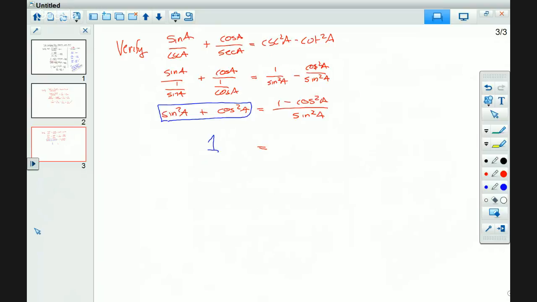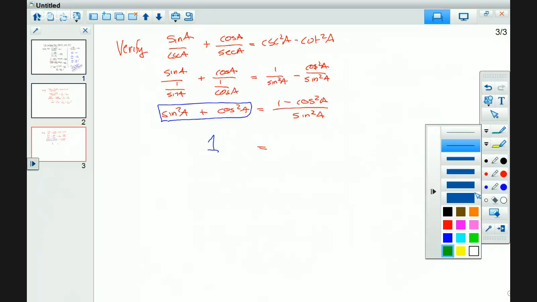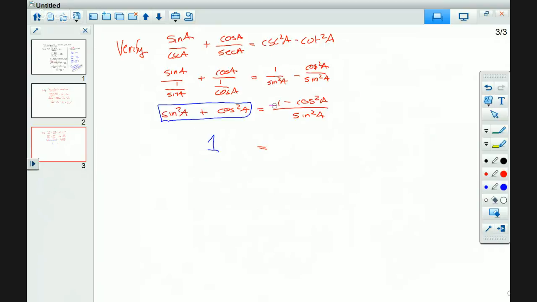Okay, hold that thought. 1 minus cosine squared is sine squared. That's one of those identities. It's cosine squared plus sine squared equals 1. It's built off of that. Oh, I did it on the board, I think.